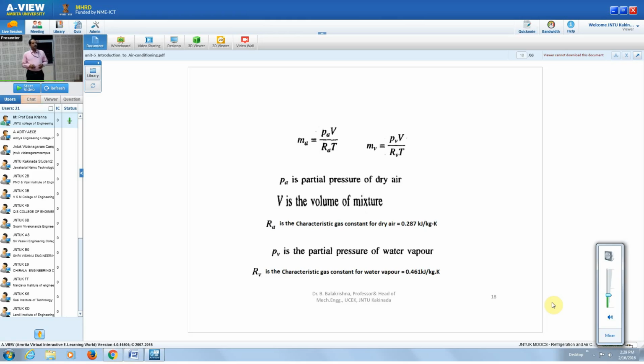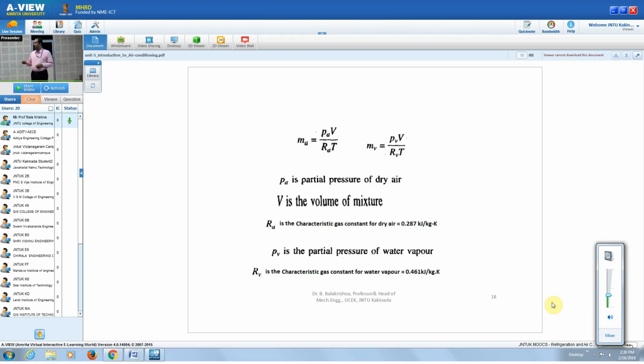Therefore, in the previous formula, mv by ma, using the PV = mRT formula, if you substitute, ma is equal to PaV by RaT, and the same for mv. Here Pa is the partial pressure of dry air, V is the volume of the mixture, and Ra is the characteristic gas constant for dry air, which is equal to 0.287 kilojoules per kg degree Kelvin.